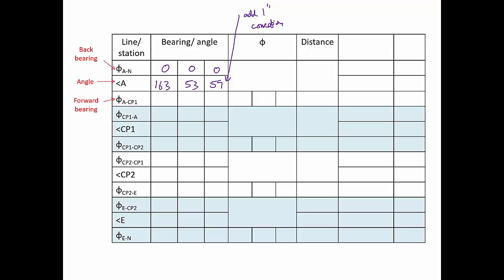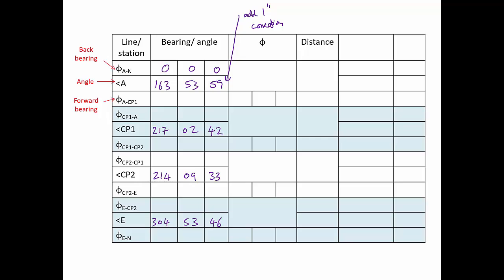So the angle at CP1 we measured was 217.02.41. I need to add 1 second correction, so it becomes 42. Angle at CP2 was 214.09.32. Add 1 second for 33. And 304.53.45, but I add 1 second to make it 46.